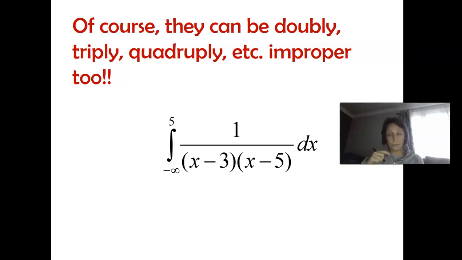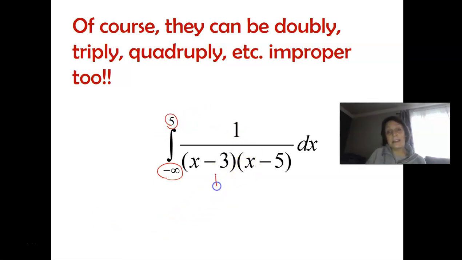Now, it also is worth noting that an integral could be improper in more than one way. If you take a look at this integral, it is improper because it has a negative infinity. It is improper because it has an infinite discontinuity at 5.